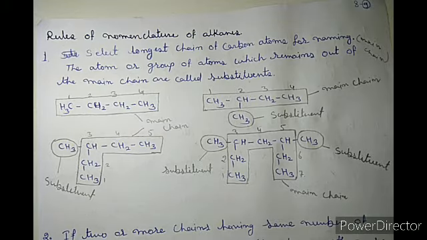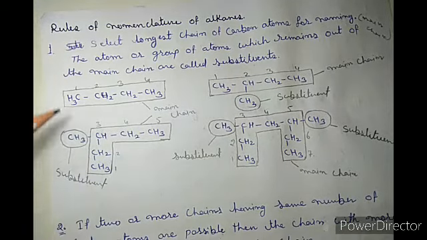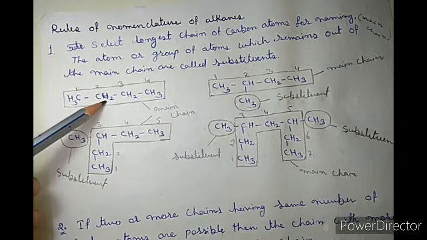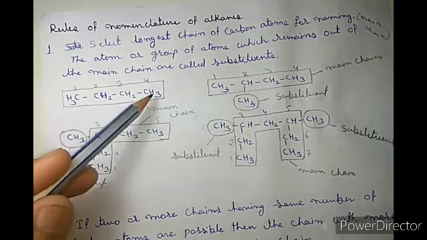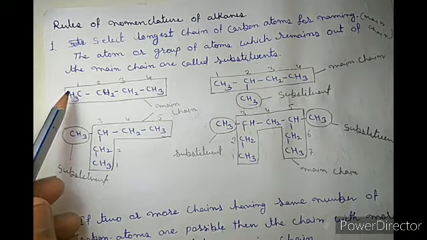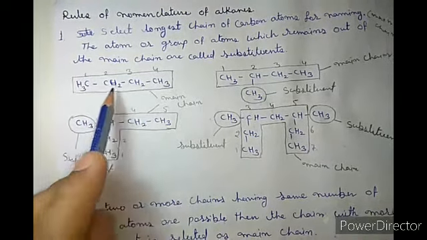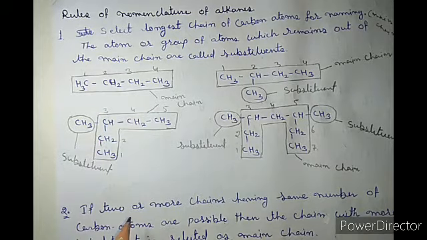It does not mean a straight line. Clear? And in these examples you will understand about it. Here the first molecule is CH3-CH2-CH2-CH3. If we consider the continuous series, then these four are included. So this is the main chain.